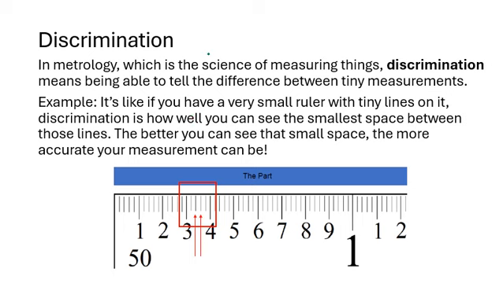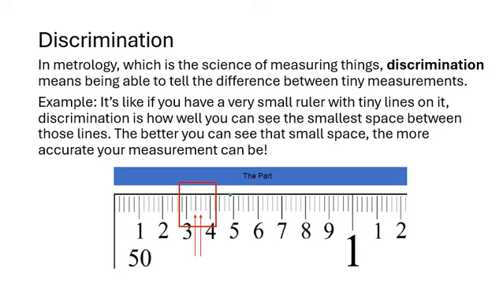Okay, so you can take discrimination like resolution, because it refers to the smallest unit or division, which is this little gap, right? And you can read it very distinctly, okay, and also you can use it to measure using this instrument.